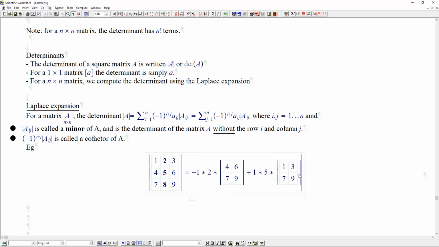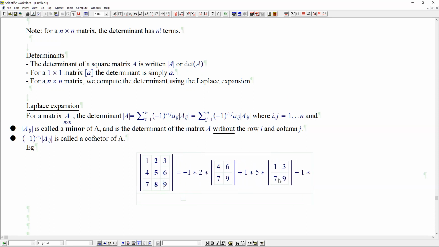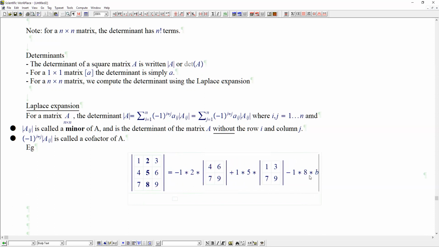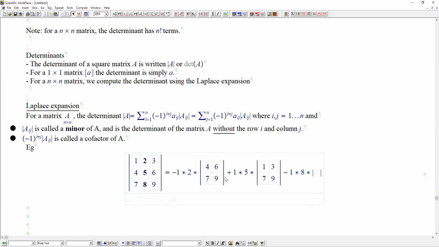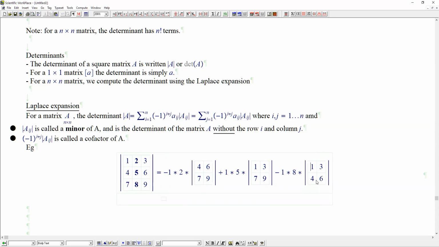And then -1 times 8 times the determinant of this last matrix there. Here it's 8, so I get rid of this row and the last column.